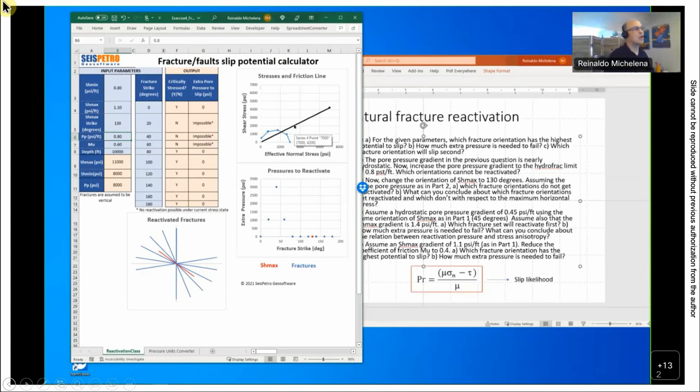The clay content can change dramatically the value of the friction coefficient. So this 0.6 can go perhaps to 0.3 for another slope. But if you don't know anything else, and you want to start at least having an idea, starting with 0.6 is a good approximation. Okay. All right.